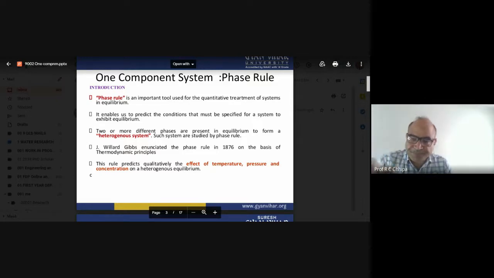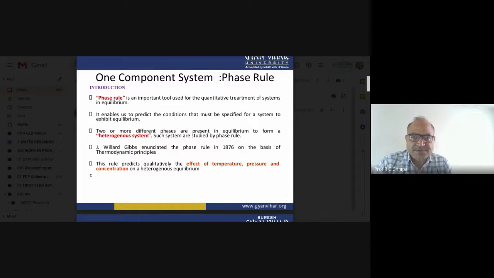But when we heat it at a specified pressure, that will be the boiling point. So a heterogeneous system occurs, and this equilibrium system is controlled by the phase rule.